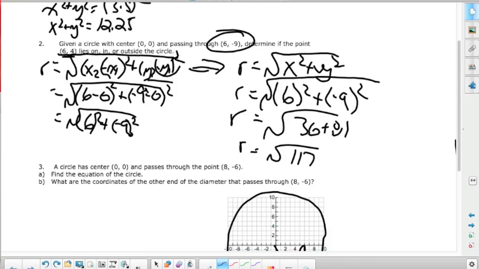Wait, so we don't have to do the length? Well, this is the length formula. We just said one coordinate is always going to be 0, 0, because it's the origin, exactly. Well, what's the length of a segment from 6, 4 to the origin? So how can we calculate the length from 6, 4 to the origin? It's the same thing, right?